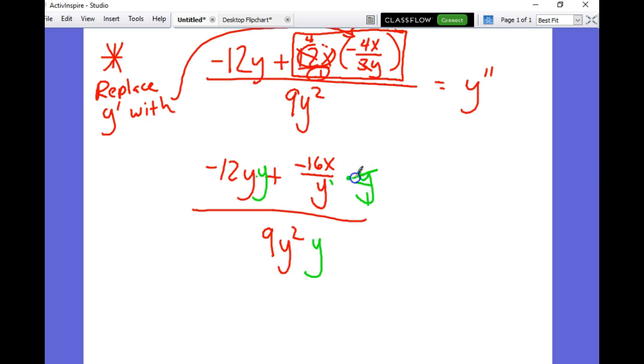The y's cancel. So that's my suggestion to you, is to find that piece you don't like and multiply every term by that number, and that will cancel that out. And so what we're left with at that point is negative 12y squared minus 16x over 9y cubed.